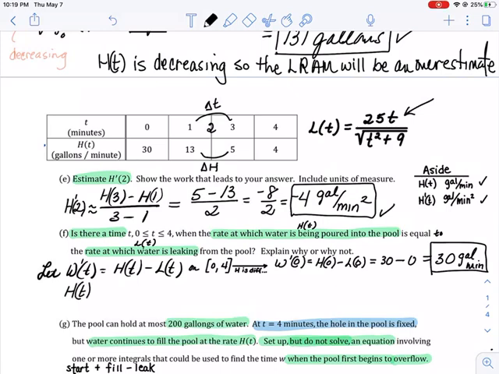I know that if the rate pouring in is equal to the rate leaking, then h of t minus L of t will have to be 0, because h of t would have to equal L of t. So I want the difference to be 0, right? Well, right now I know the difference at 0 is 30 gallons per minute.